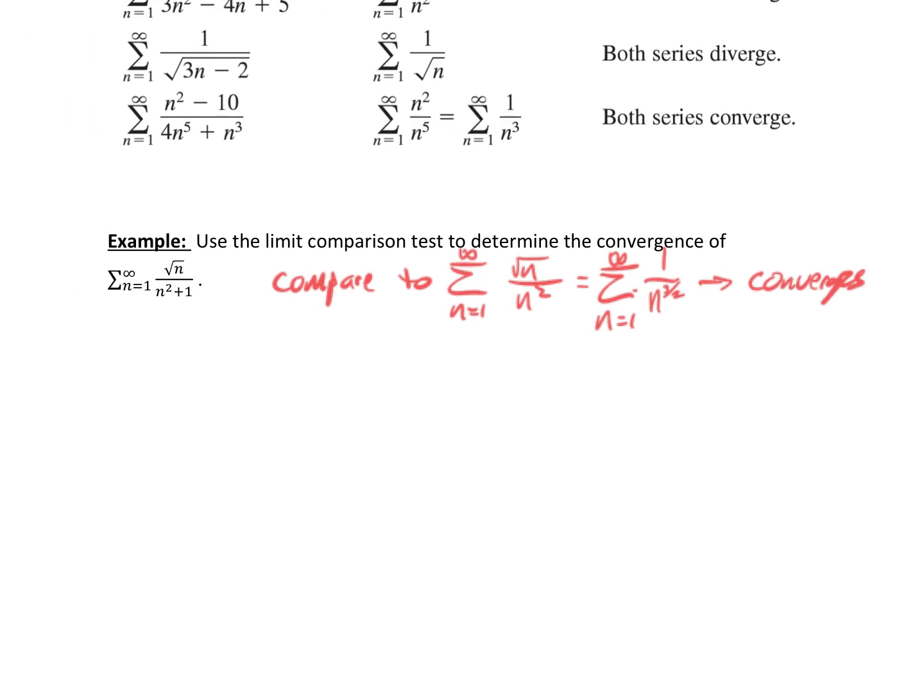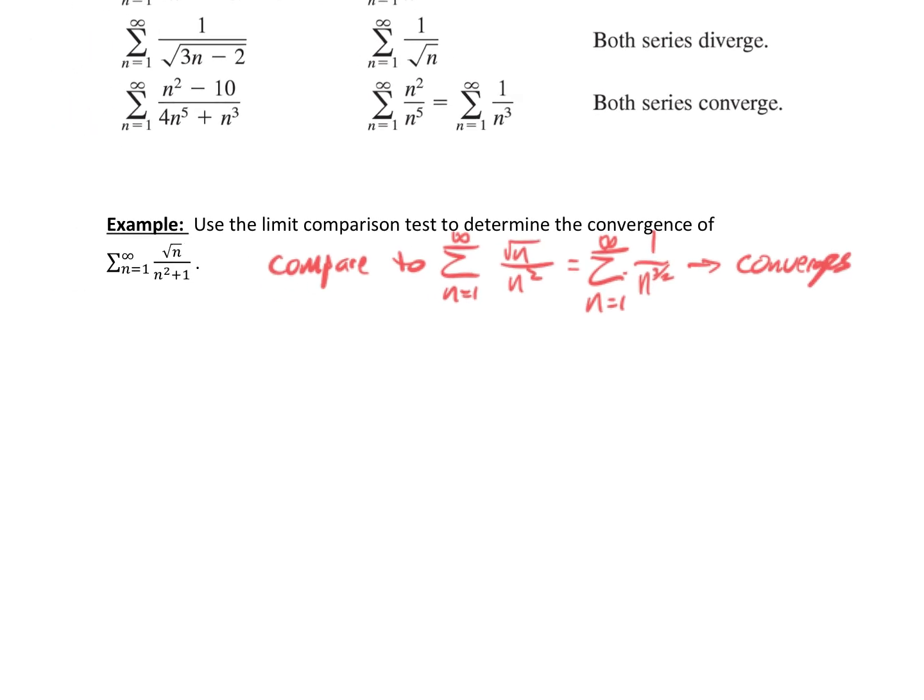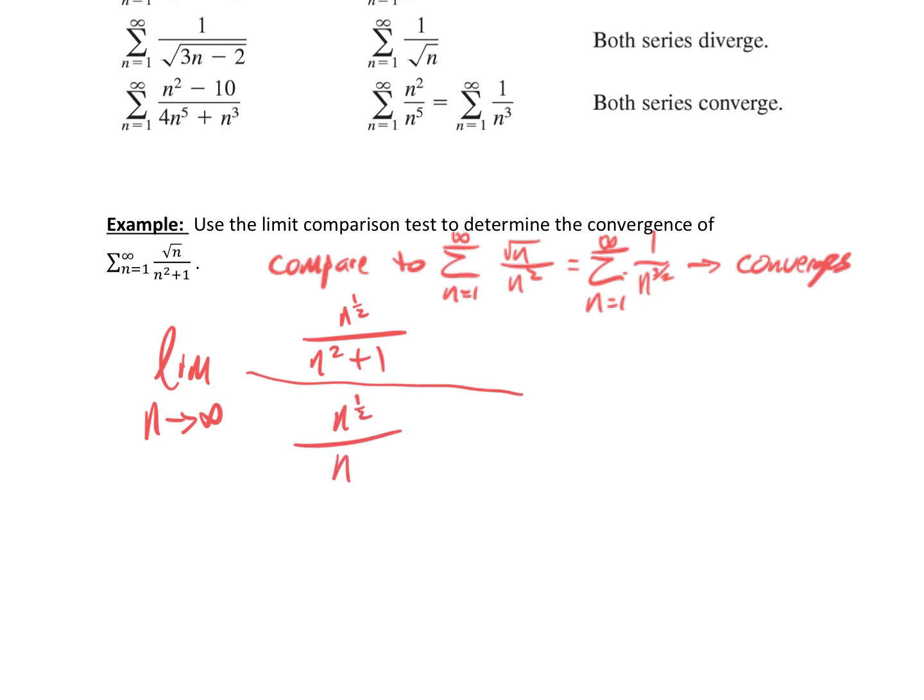Now we haven't done our limit comparison yet, but we know that one converges. That's great. So let's do our limit comparison. The limit as n goes to infinity of this fraction. It doesn't really matter what order, we've got n to the 1/2 over n squared plus 1, all over n to the 1/2 divided by n squared.